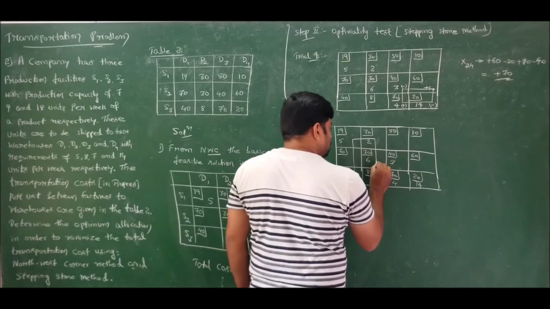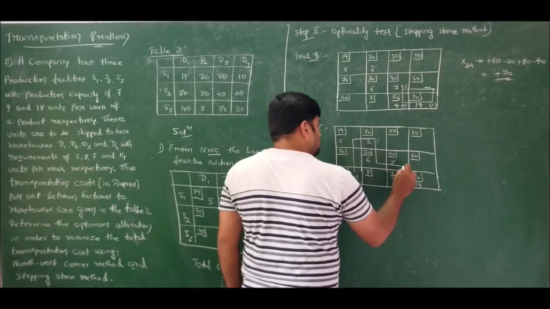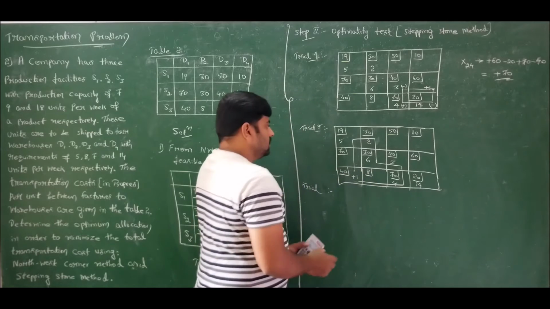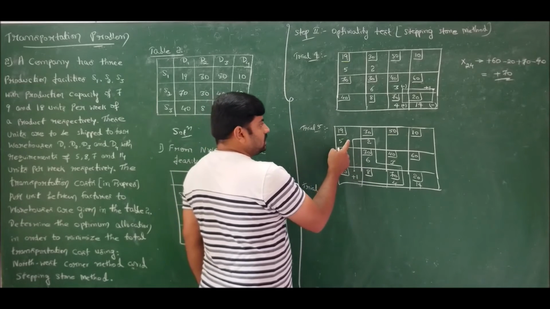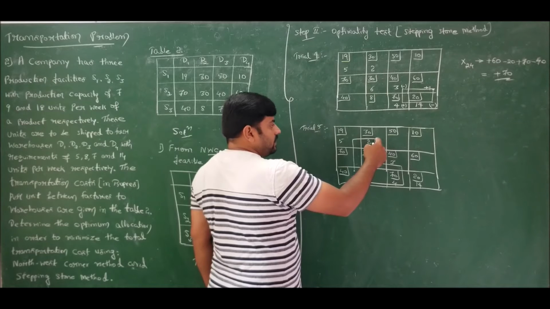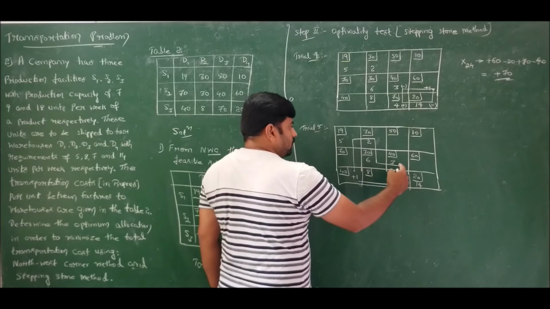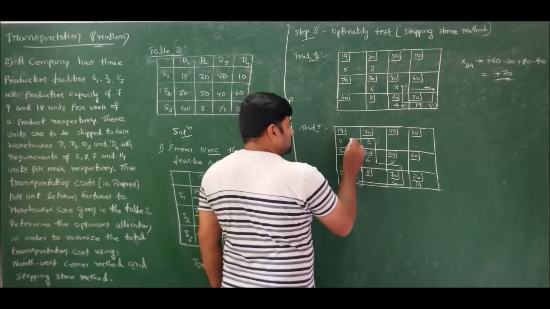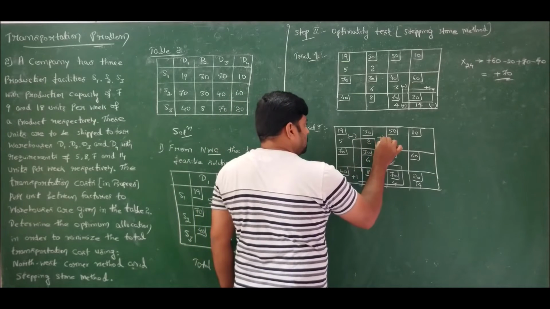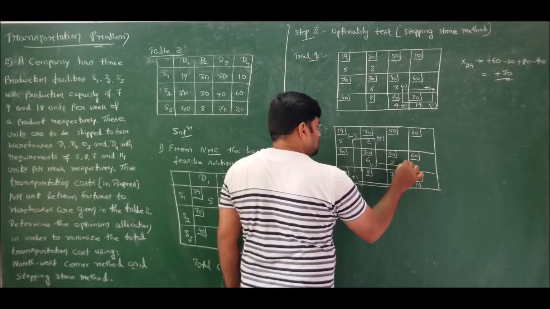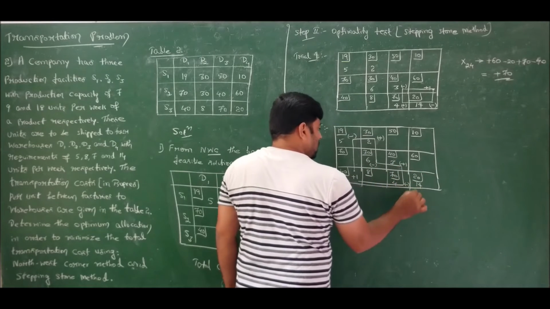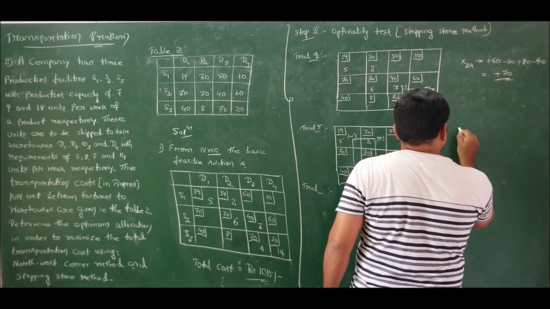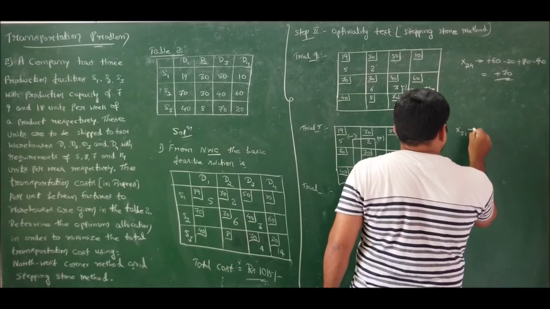So the only option is to go horizontally towards the right side, come down and then connect. Clear? So I started from here, I moved up to the allocation. Next I came here, we have an allocation. Next come down, move towards the right, come down and then finally create a loop. So since we have plus here, here it should be minus, here it should be plus, minus, plus and minus.